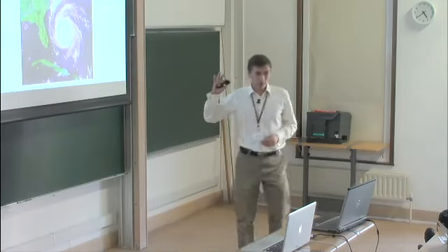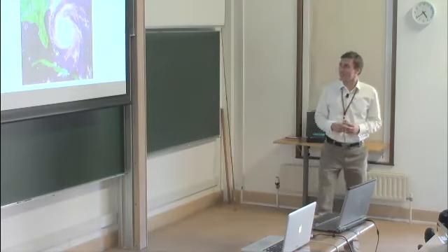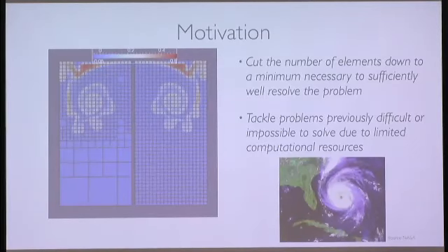The ultimate goal, or the next step, would be to tackle slightly difficult problems, namely a hurricane simulation, something like that, where we feel that this adaptive approach could really work nicely.